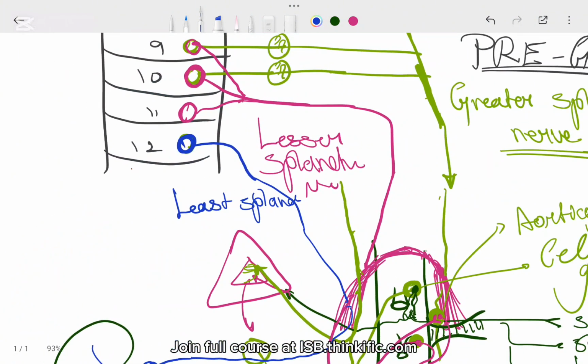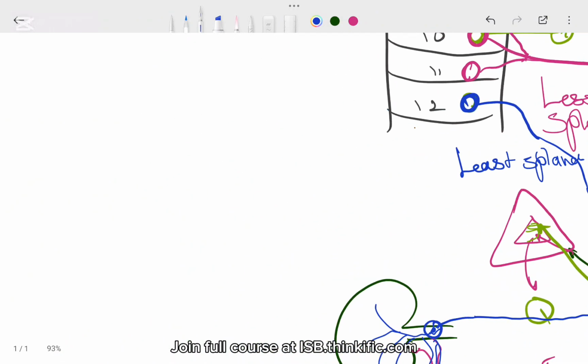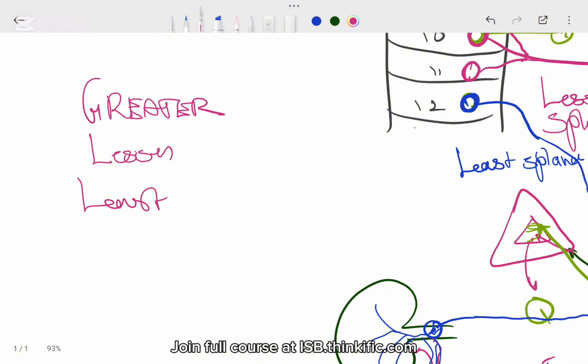Together, greater, lesser, and least. So let's summarize. We have three nerves: greater splanchnic nerve, lesser splanchnic nerve, least splanchnic nerve.